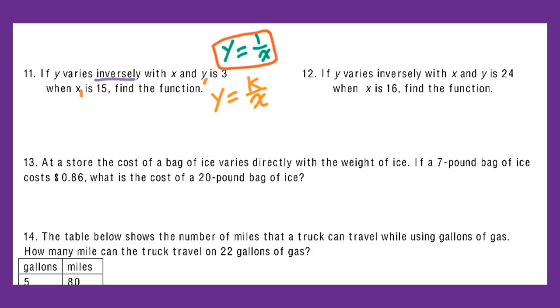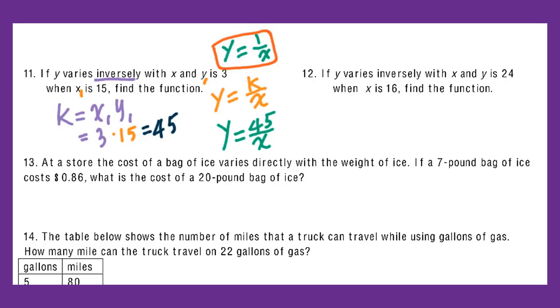So it's k over x. That's the function for inverse variation. Then you need to figure out k. k equals x1 times y1. Therefore, we got 3 times 15, so we got 45. Therefore, y equals 45 over x.